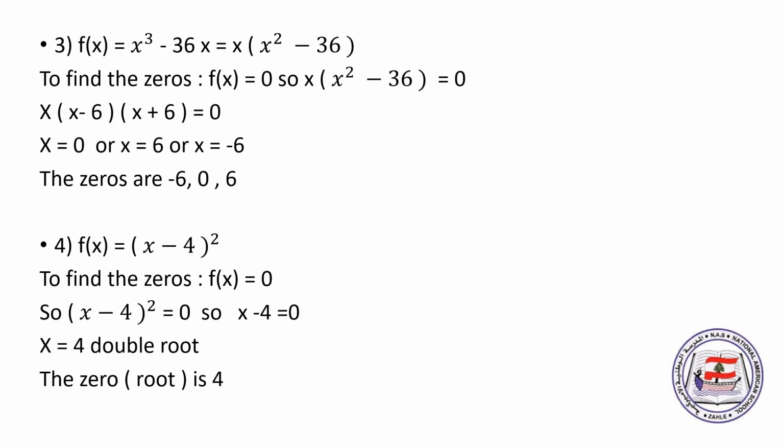For the third polynomial, x cubed minus 36x, taking x in common, we get x squared minus 36. To find the zeros, we need to take f of x equal to 0, so the whole expression is equal to 0. The second factor is in the form of x squared minus 36.